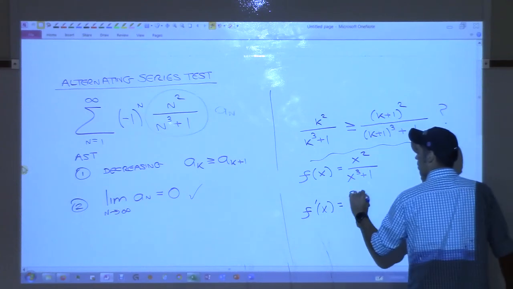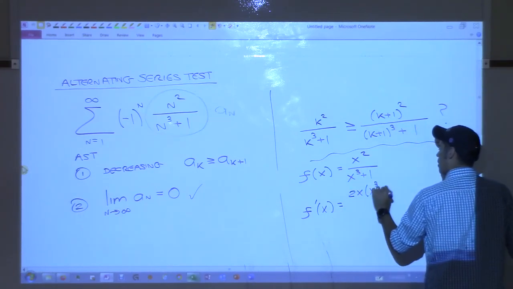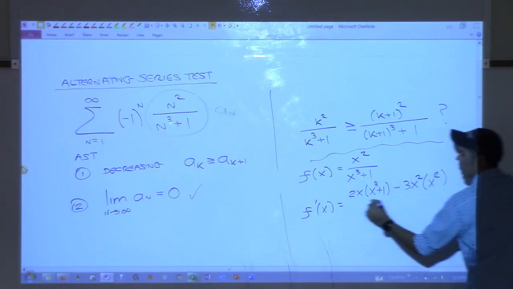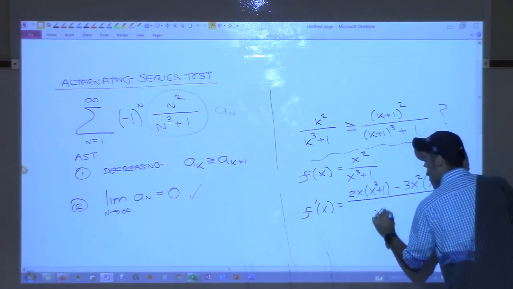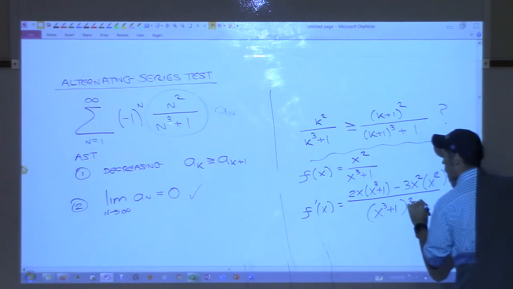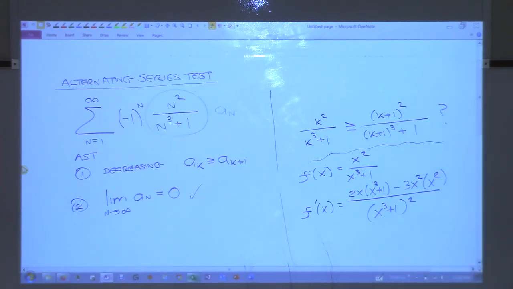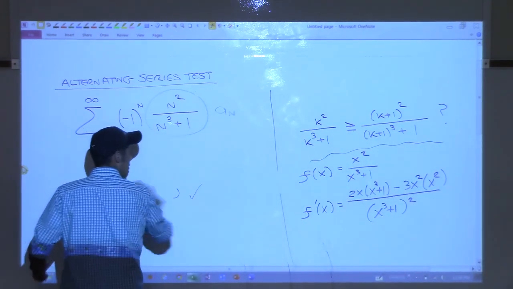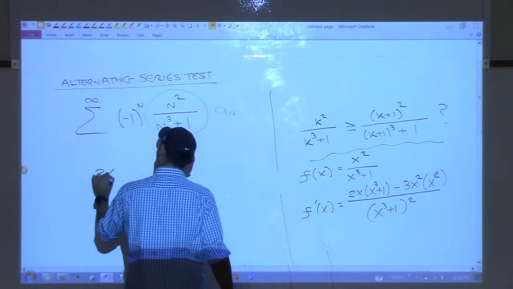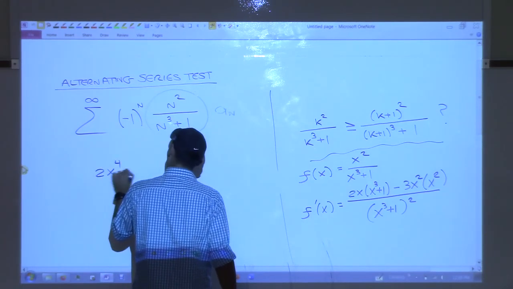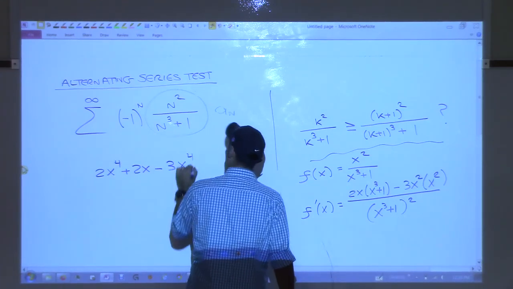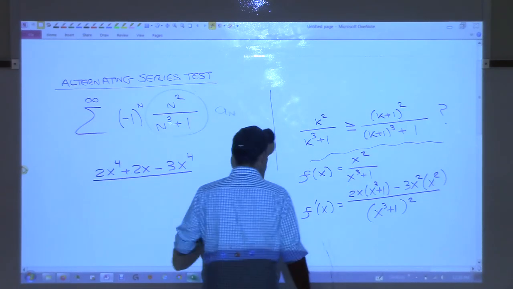Derivative of the top times the bottom minus derivative of the bottom times the top, all over the bottom squared. So there's my quotient rule. The top cleaned up is 2x to the fourth plus 2x minus 3x to the fourth, all over, well, does the bottom matter?